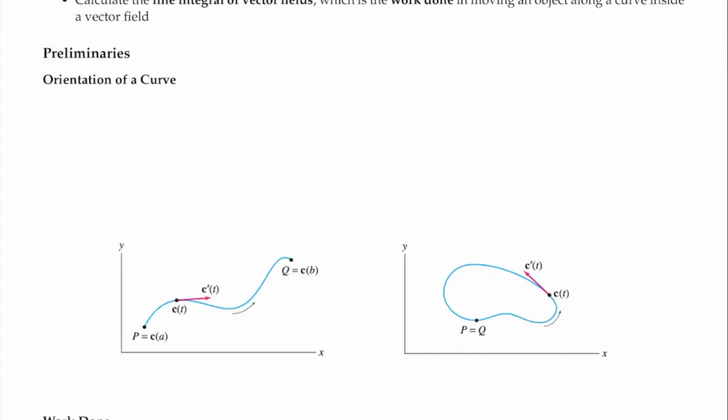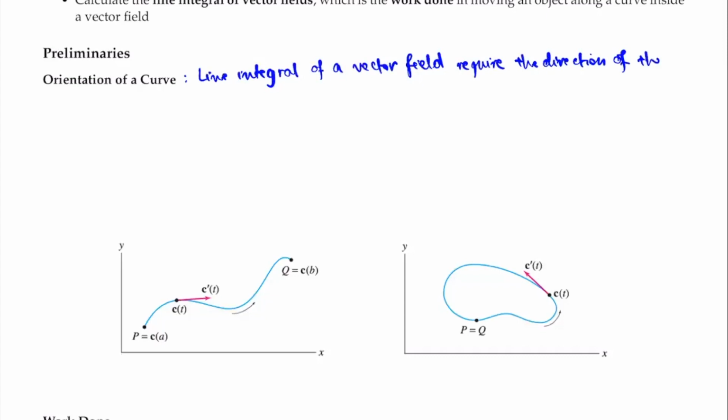So line integral of a vector field requires the directions of the curve. Usually we call that orientations.